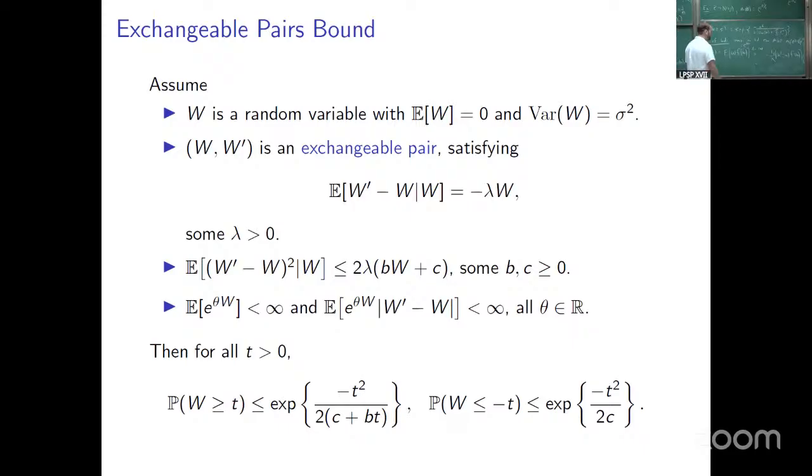And then exchangeability. Exchangeability says that the expectation of this is the same as if I swap W and W prime. So I get an f of W prime, and then I have W prime, W minus W prime.